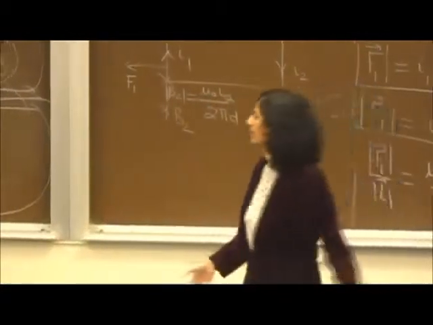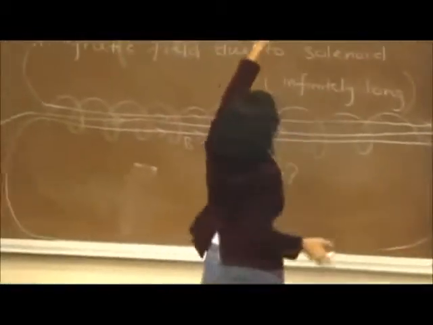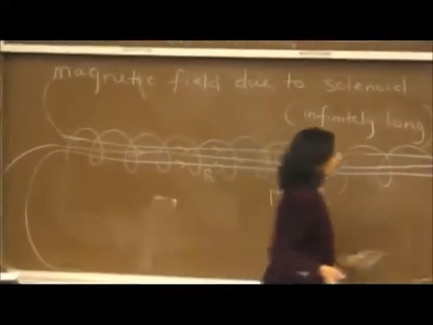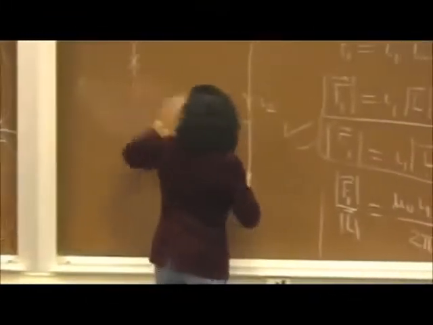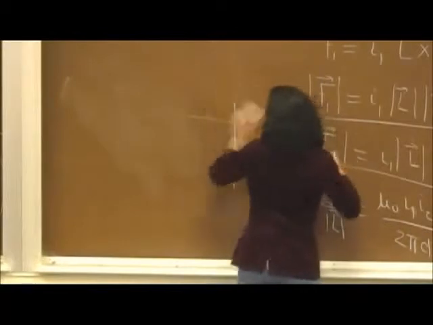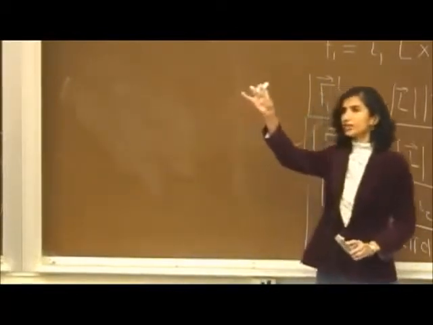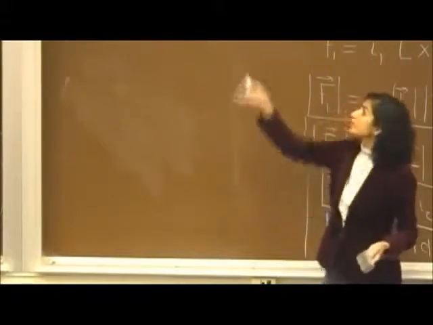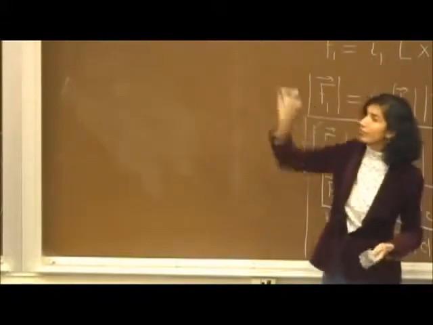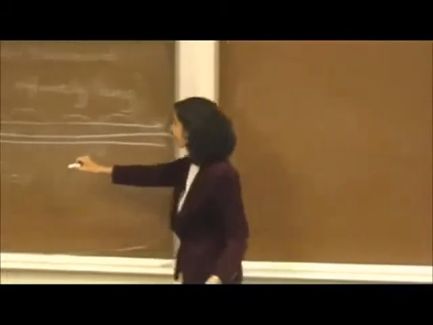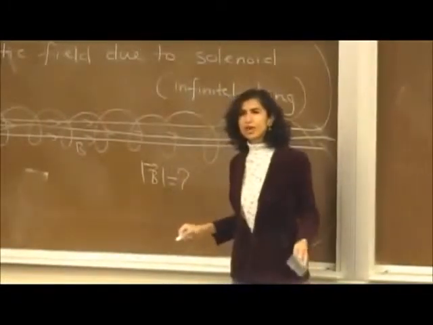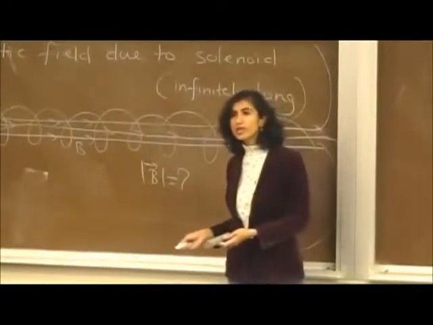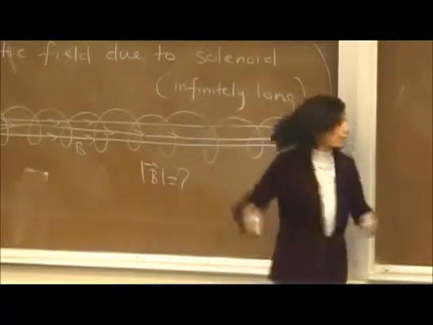Once we ignore the field outside, in order to use Ampere's law, we have to ask: what will be a good loop to choose here? Because we have to take a thread and loop it around like this, such that we are able to exploit the symmetry of this problem to find the magnetic field magnitude. This is what we are after. Does anybody have a thought on what kind of Amperian loop we can choose in order to use Ampere's law?